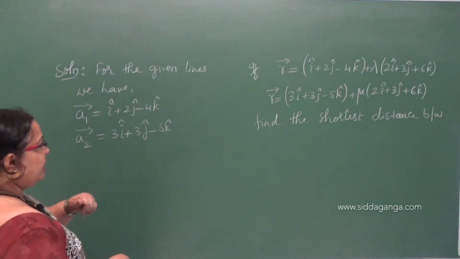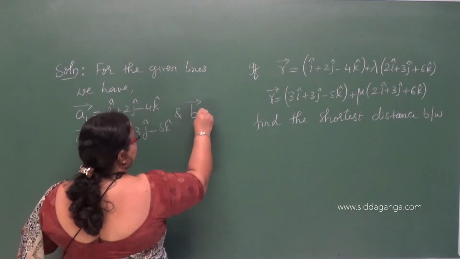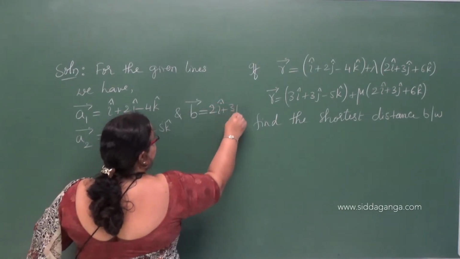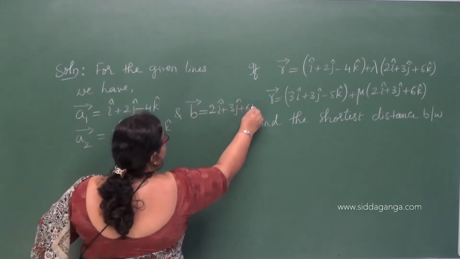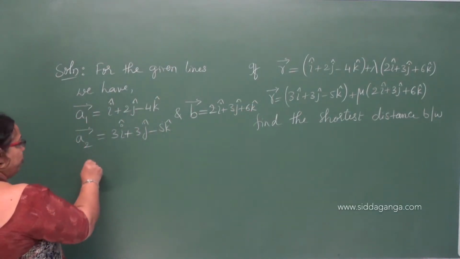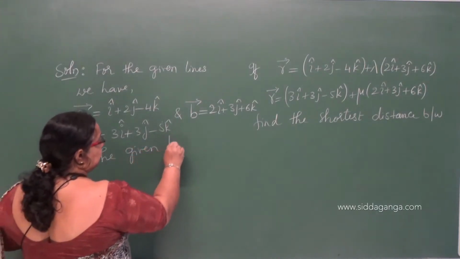Since both lines have the same vector, you take that as vector B, 2i plus 3j plus 6k. Both are same. So therefore the given lines are parallel.